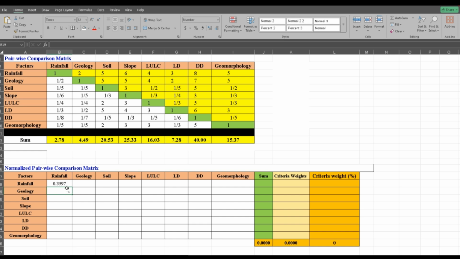Again, the value for this cell is equal to B4 divided by the sum of the rainfall column, which is 2.78. In the same way, you can calculate the value of each cell under the rainfall column.